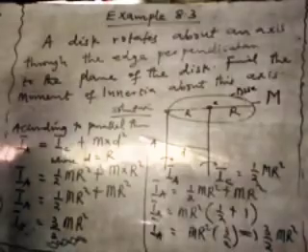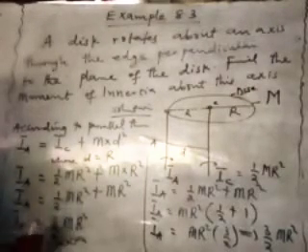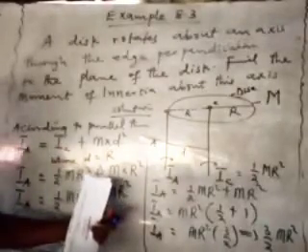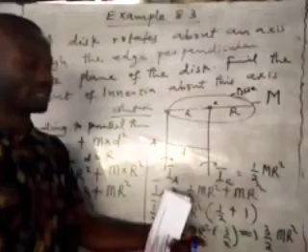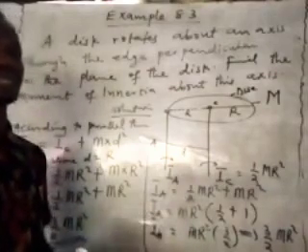But in this question, the mass was not given and the radius was not given. It is good to know how you can find the inertia about any axis which is parallel to the axis that passes through the center of gravity, and separated by a distance of R, or distance of d, by using the parallel axis theorem.